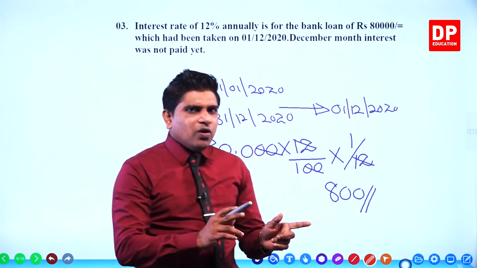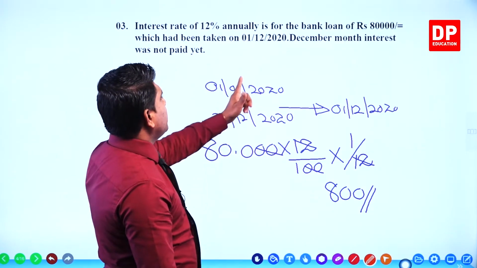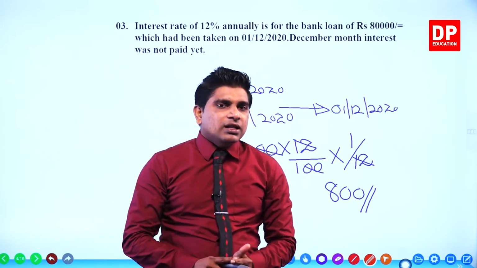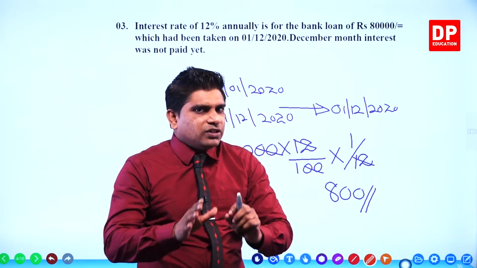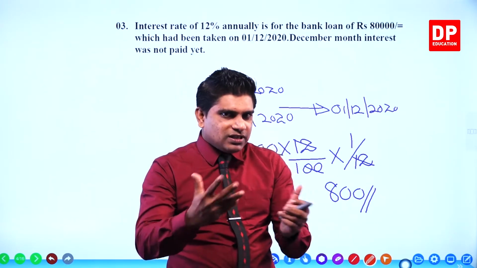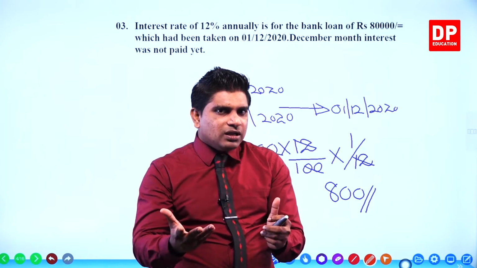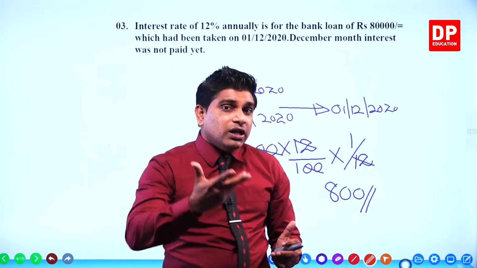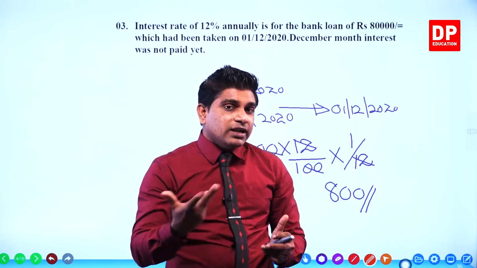Did they pay this amount? No. Clearly they have given, December month interest was not paid yet. Remember, the full amount of interest for the year means for the month of December. Why do we say month of December? They have obtained the bank loan on 1st of December. Then we have only 1 month time period to pay interest for this year.